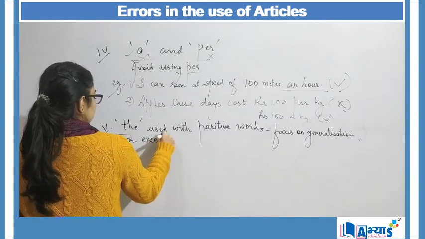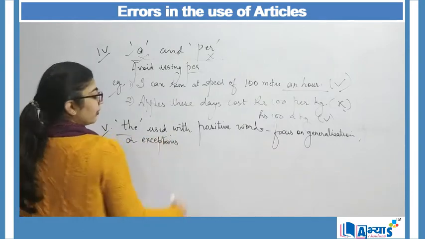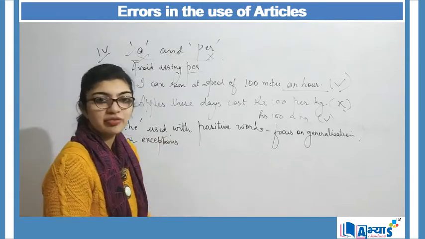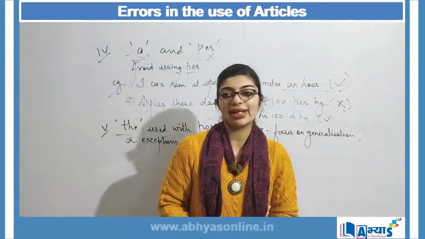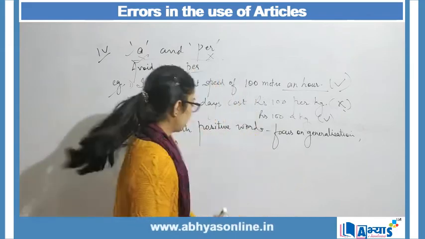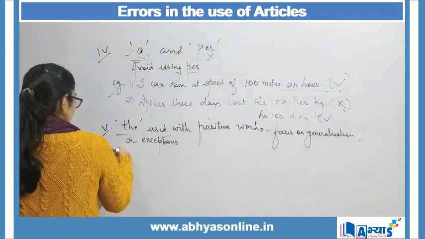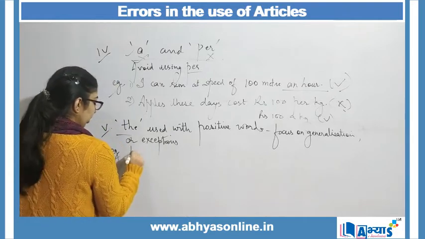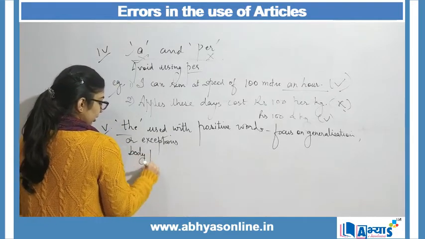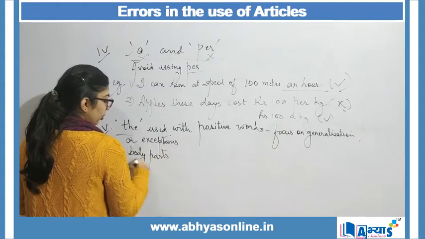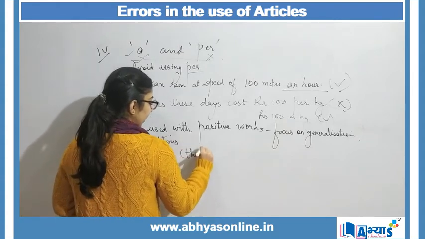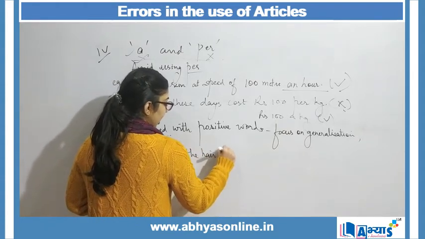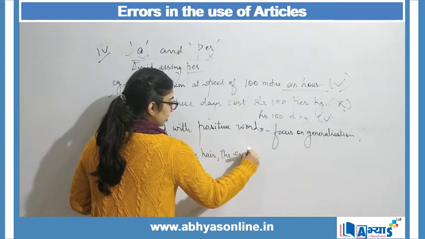Some exceptions can be like some kind of inventions or discoveries. For example, when I talk about body parts, it becomes the hair, the eyes, right?